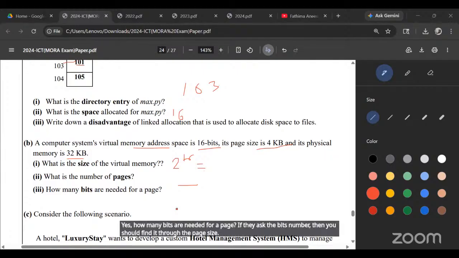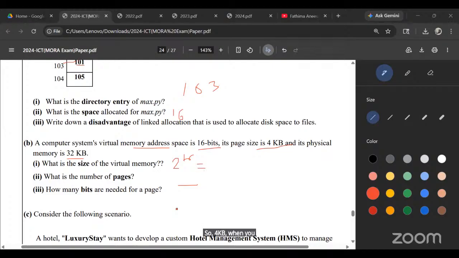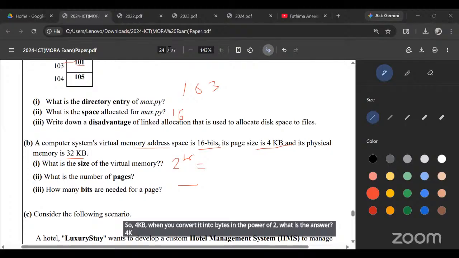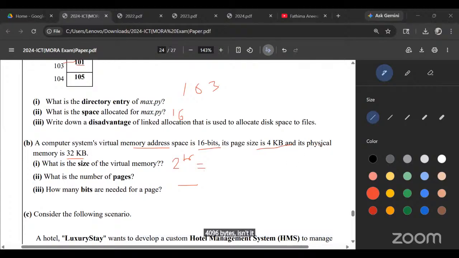So 4 KB, when you convert it into bytes in the power of 2, what is the answer? 4 KB is equal to 4096 bytes, isn't it? Now 4096 bytes, how do you convert it into bits? In the power of 2, how do you convert it? 2 to the power what?